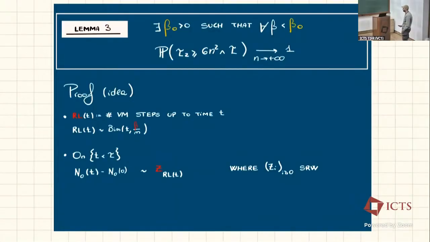The second observation is that on the event that t is smaller than tau, the difference between n0 of t and n0 of 0 performs a random walk on the number of times that I've actually chosen a voter model step. So I either decrease by 1 or I increase by 1.